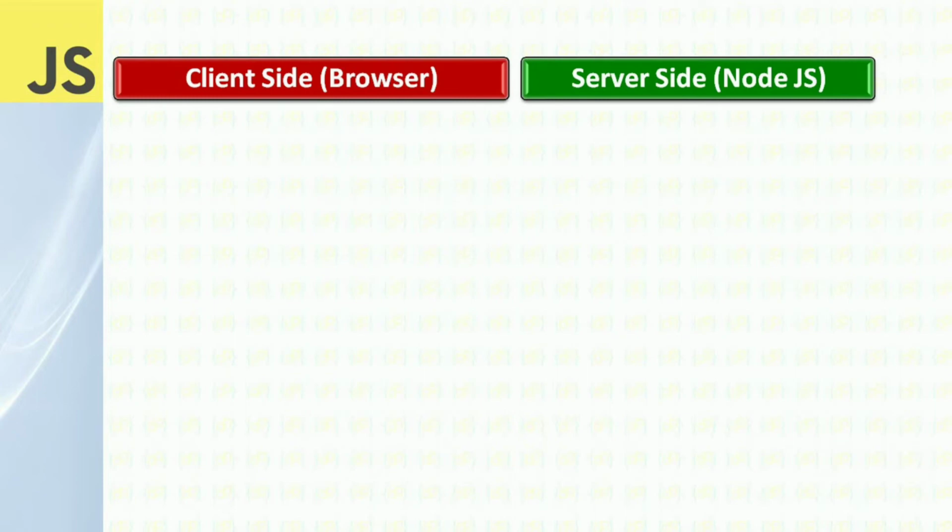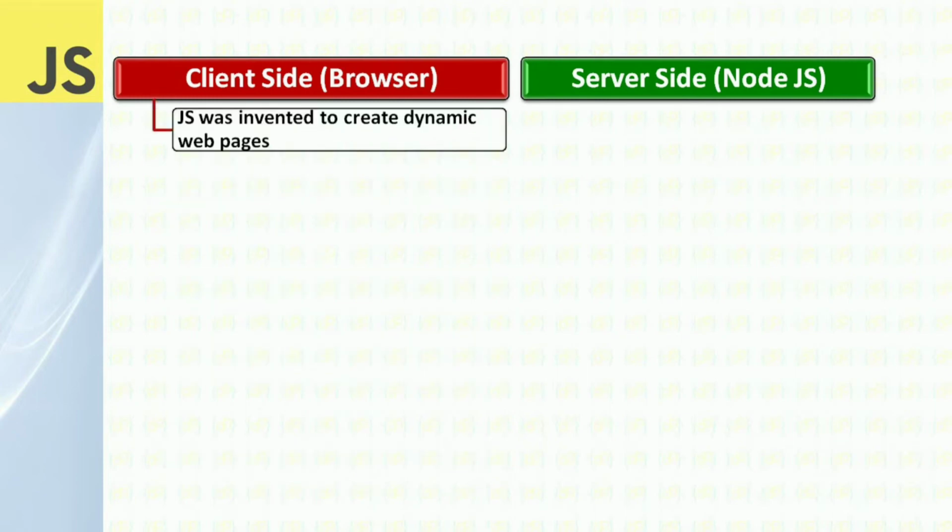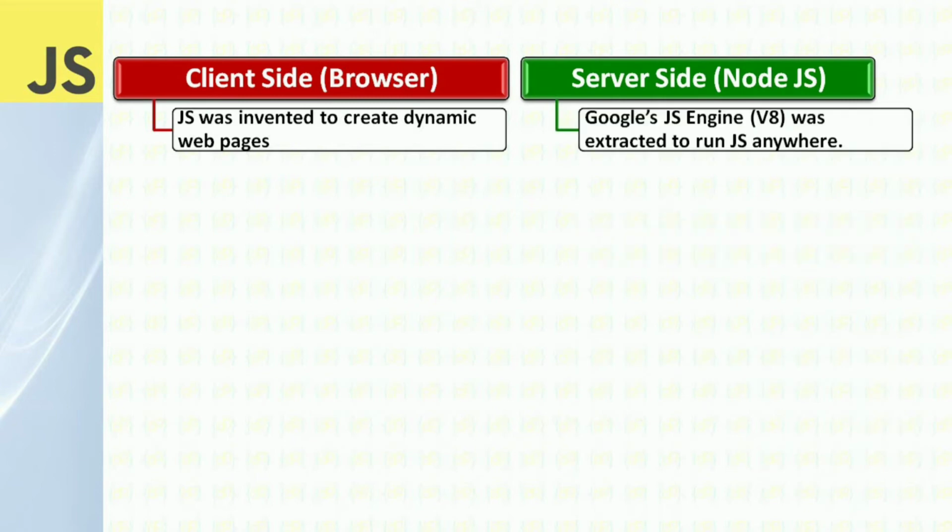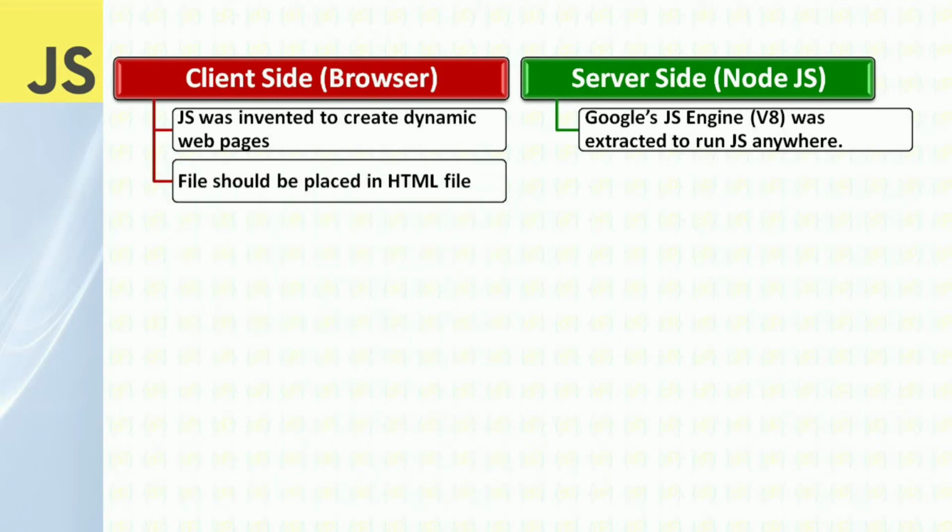Client-side scripting was the main purpose of JavaScript. That is, JavaScript was invented to create more dynamic web pages, whereas Node.js was created to run JavaScript anywhere outside of the browser. In client-side scripting, the JavaScript file should be linked with the HTML file.